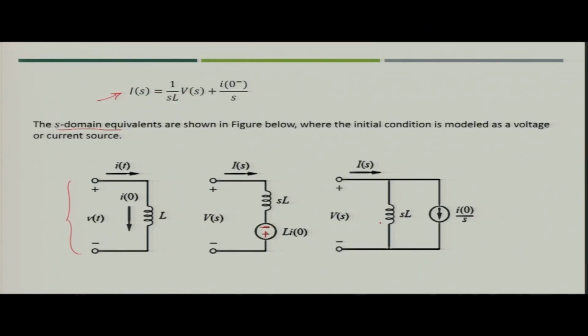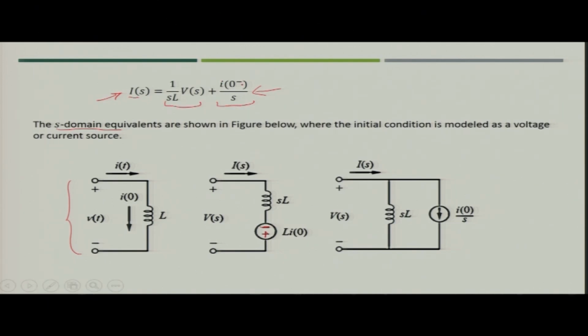Similarly, for current, if the voltage across the inductor is v at any time t, it will be represented as V in s domain, and similarly current i(t) will be represented as I(s). Now, if you see this equation, you can see that current I(s) is divided into two parts.